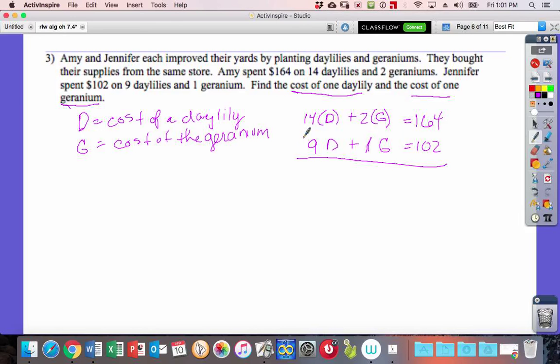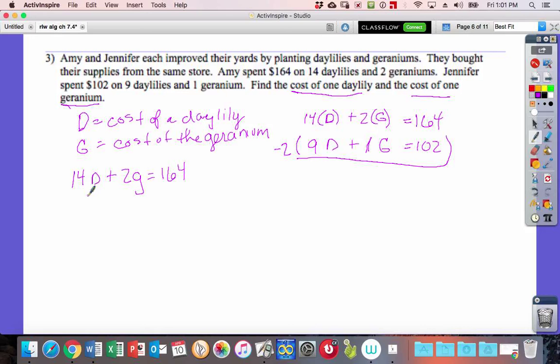And I'm going to multiply this bottom one by a -2. Why? Because if this is a -2, I would eliminate the G. Okay, let's write it over here and you'll see. 14D plus 2G is equal to 164.